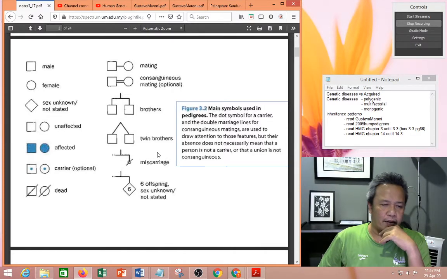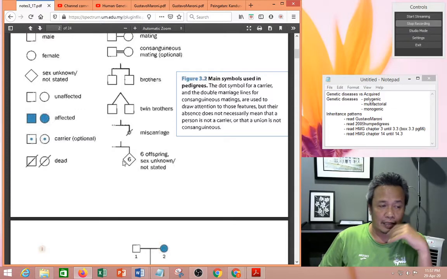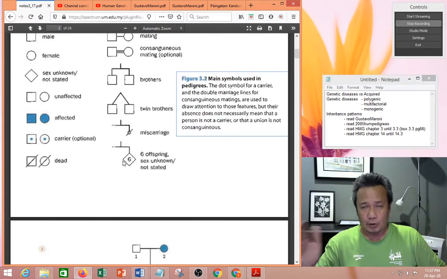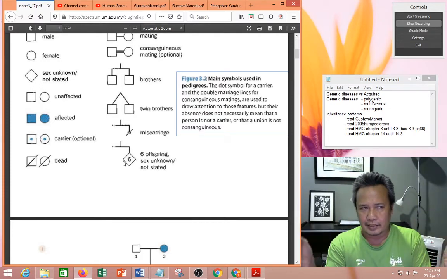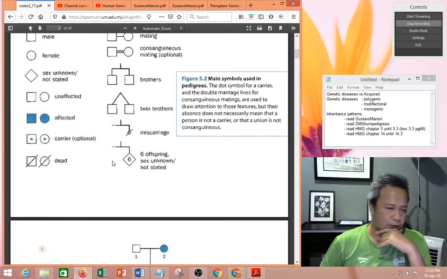That's a miscarriage. Again, there's a diamond here. This is offspring, sex unknown, not stated. The number inside mostly denotes the age, and when you order a pedigree, you always order according to age, the eldest on the left, going to younger, and so on. Okay.